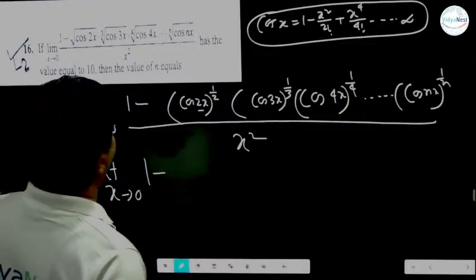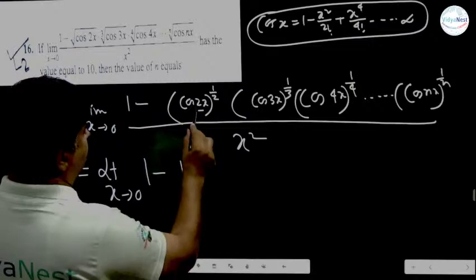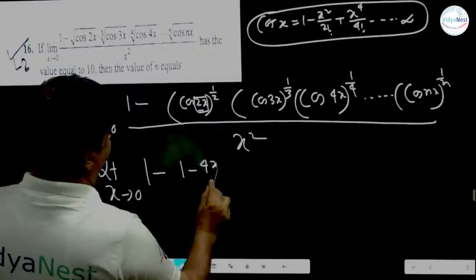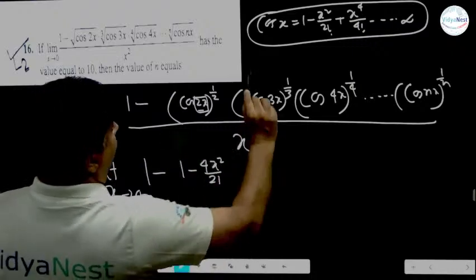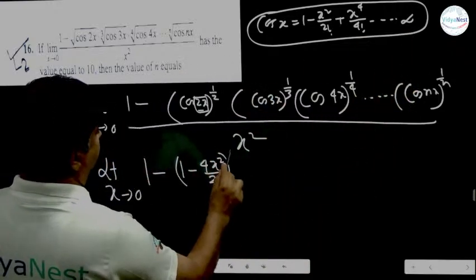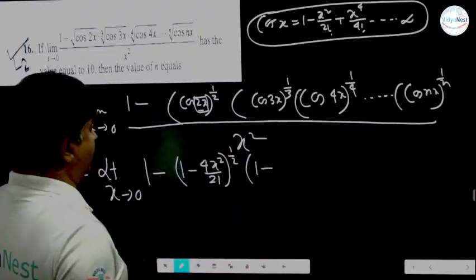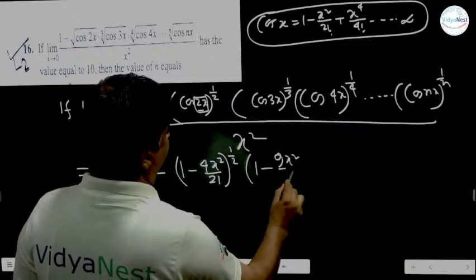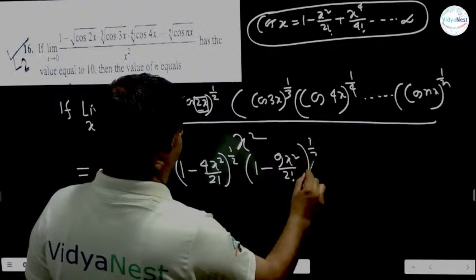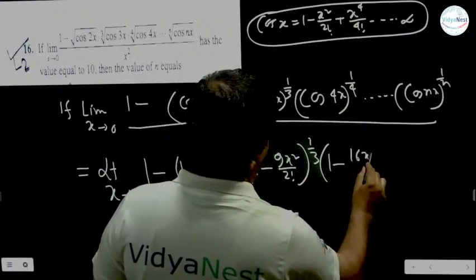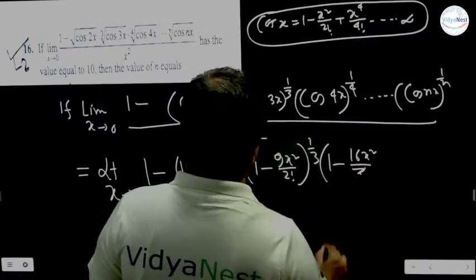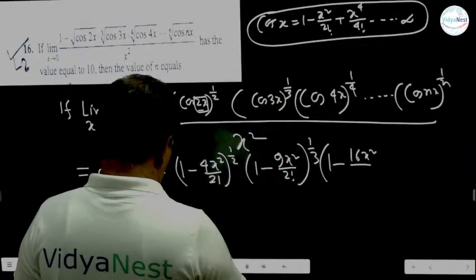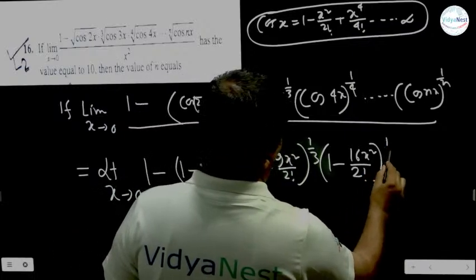1 minus x square. Here in place of x, 2x is given. 4x square by factorial 2, higher power is neglected, to the power half. 1 minus 9x square by factorial 2 to the power 1/3. 16x square by factorial 2 to the power 1/4.